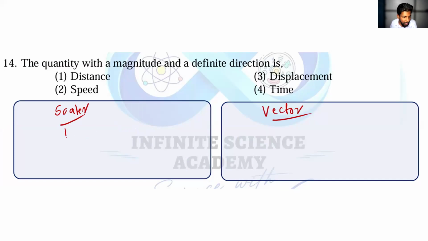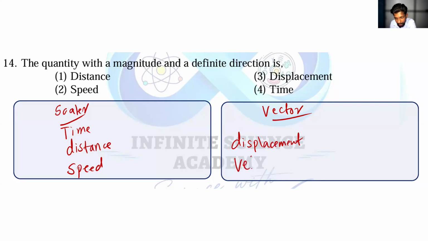Time, distance, speed: these are scalar quantities. For the vector quantities: displacement, velocity, acceleration, and force.